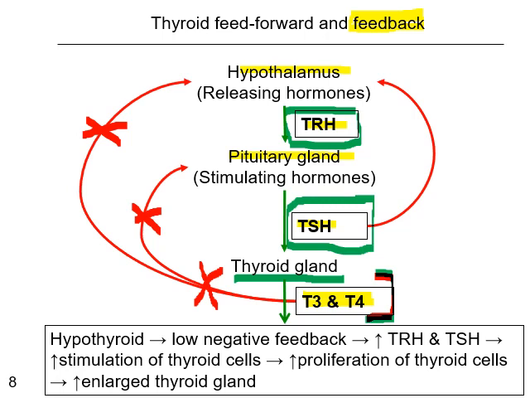But the cells can still develop and divide and grow and swell. And so we get an enlargement of the thyroid trying to make T3 and T4, but it can't. So the answer is, in the hypothyroid situation, there is inadequate negative feedback, excess TRH and TSH, excess stimulation of the thyroid cells, excess proliferation of the cells, and an enlarged thyroid gland in primary hypothyroidism.